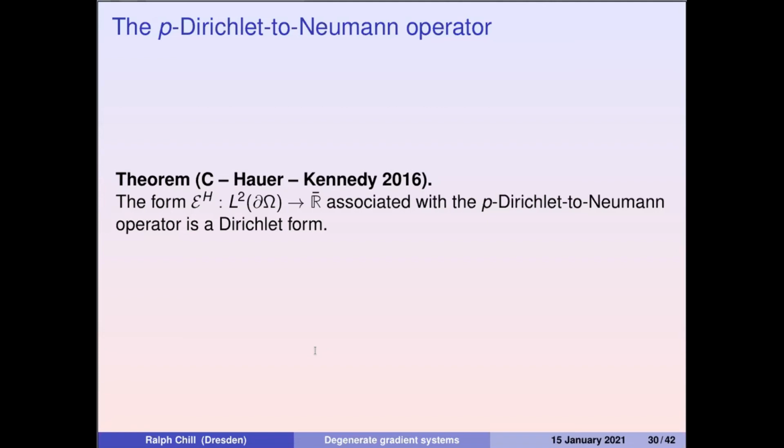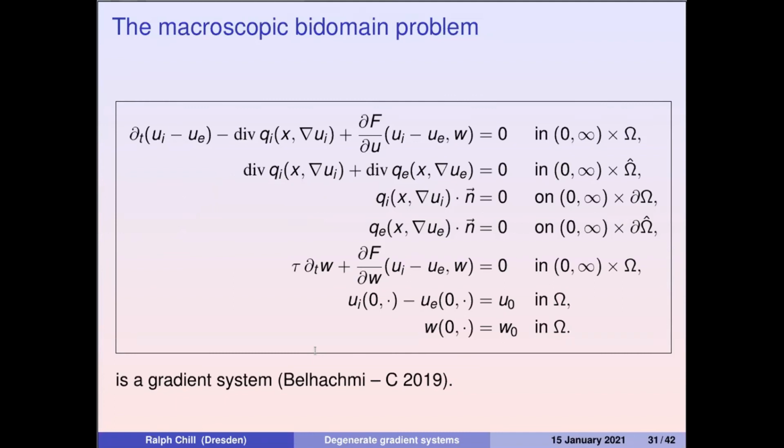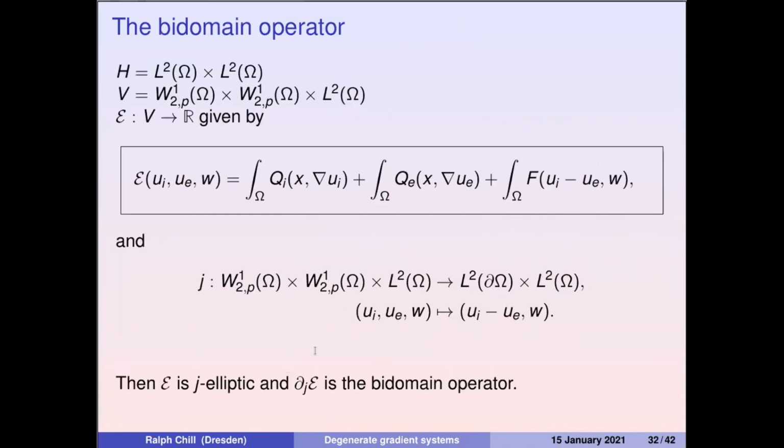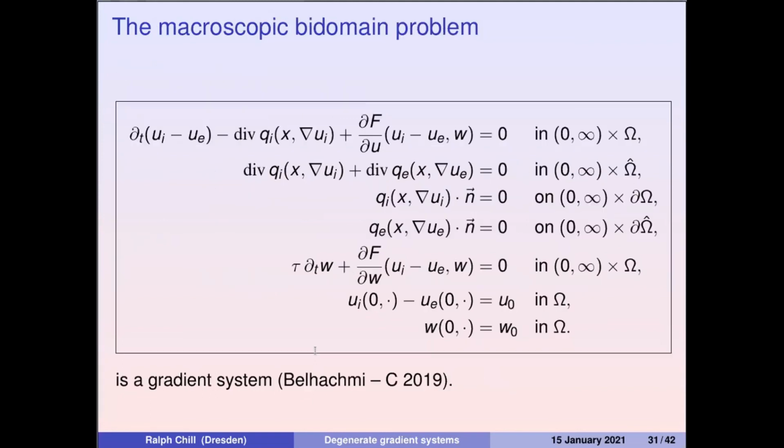So it's somehow elegant to solve this problem on the boundary. And now again, this more complicated Bidomain problem. Also, this is a gradient system. Sorry, here is the energy. So there are actually two evolution equations in this Bidomain problem.